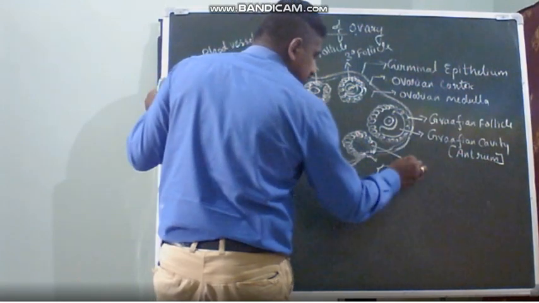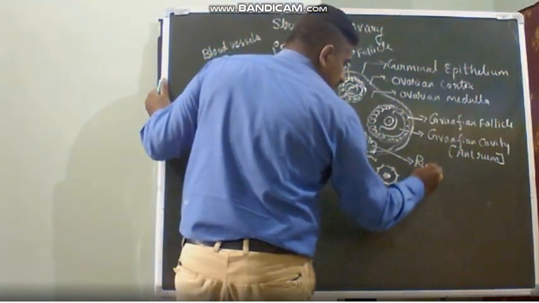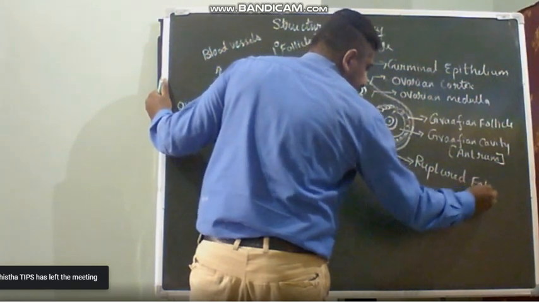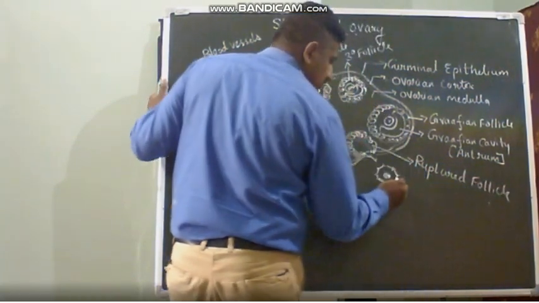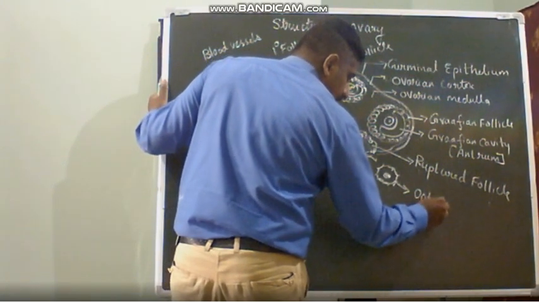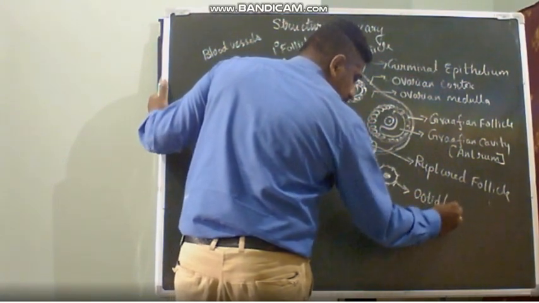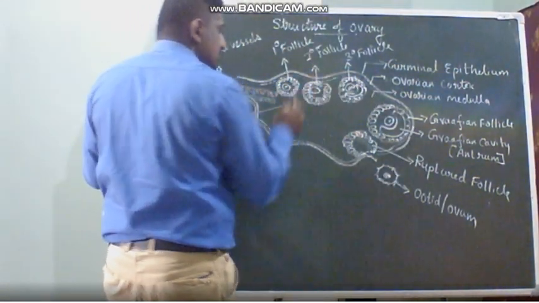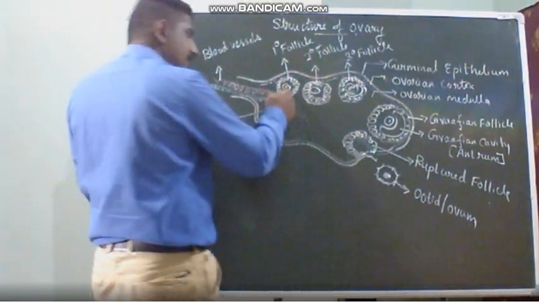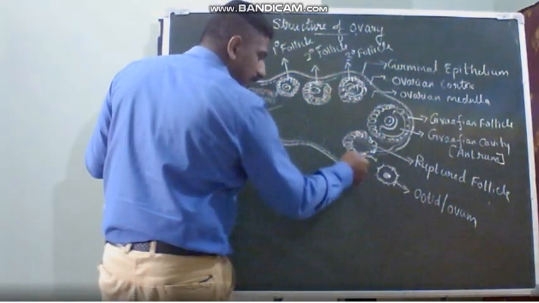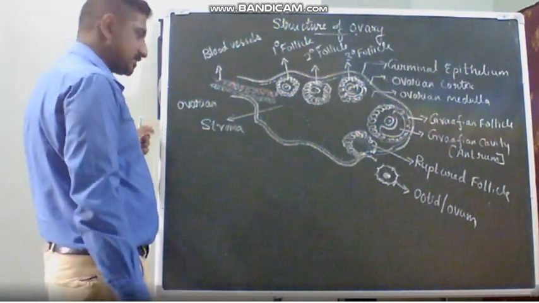So this one is called as the ruptured follicle. The follicle ruptures and releases the ootid, or it is called as ovum. That means in all this we have some group of cells. What are these? These are primary oocyte, secondary oocyte, ootid, and then the ovum or the ootid is released here.